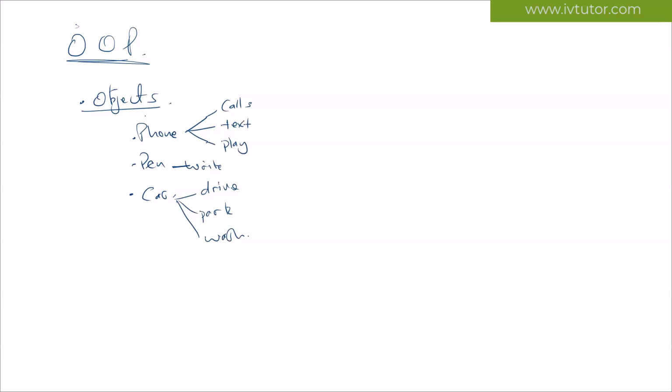And that's how we apply our thinking towards classes. So whatever we are calling an object here, when we get into programming, these are what we are referring to as classes. In other words, a class becomes an object that has certain functions.